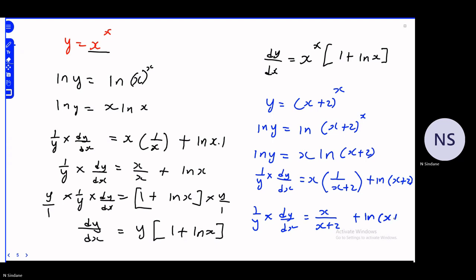From there, remove this y, means I'm going to cross multiply by y over 1. This side as well, cross multiply by y over 1. Then dy over dx is equals to y into x over x plus 2 plus ln of x plus 2.